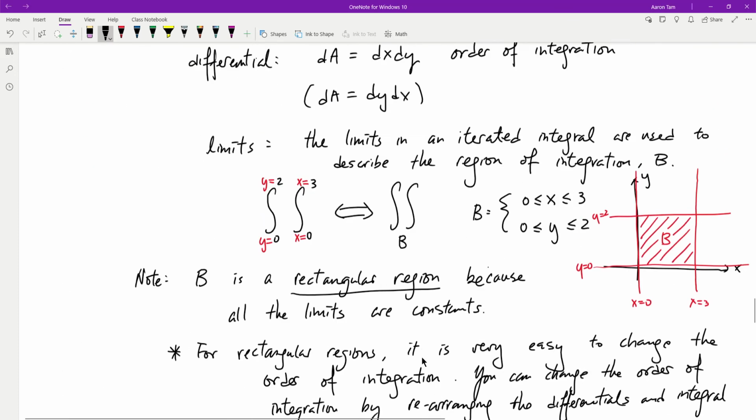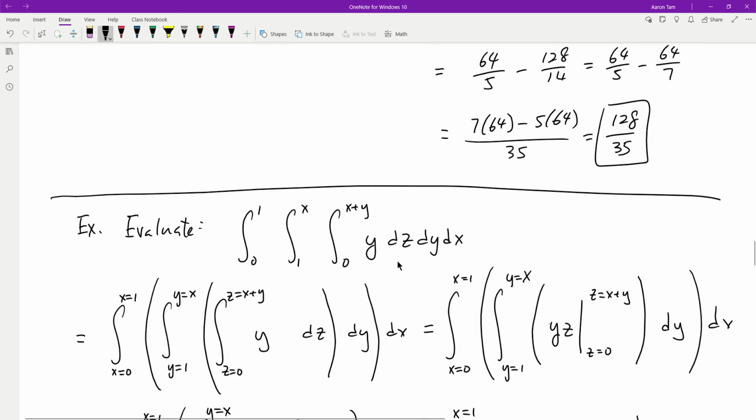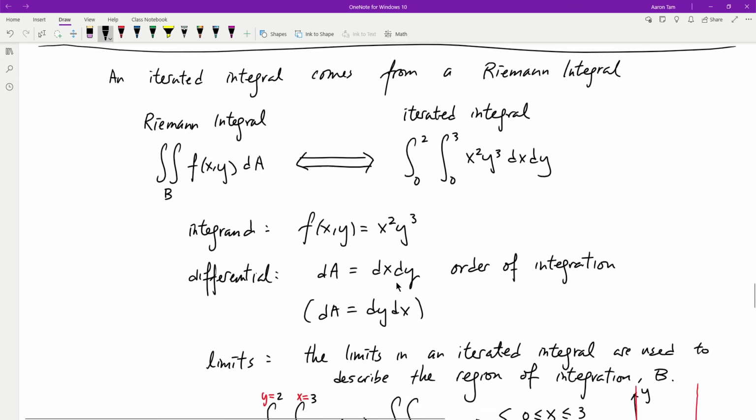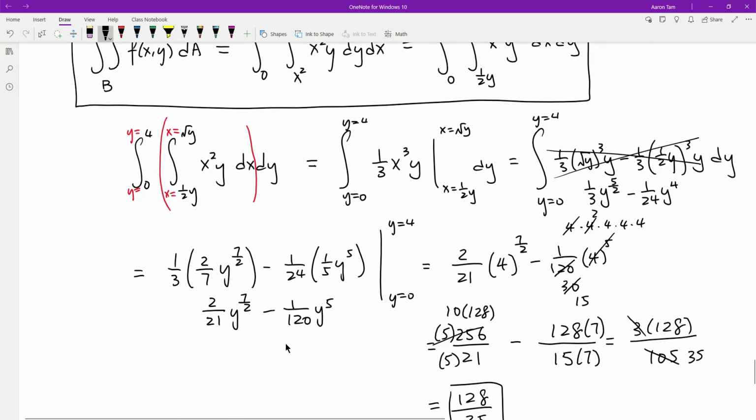The last thing I want to talk to you about is that when you're doing a triple integral, it's the same way, but unfortunately I won't be able to draw you the picture correctly because it's hard to draw all these limits correctly in R3. But the idea is the same: you have to rearrange the integral by rewriting the inequality.